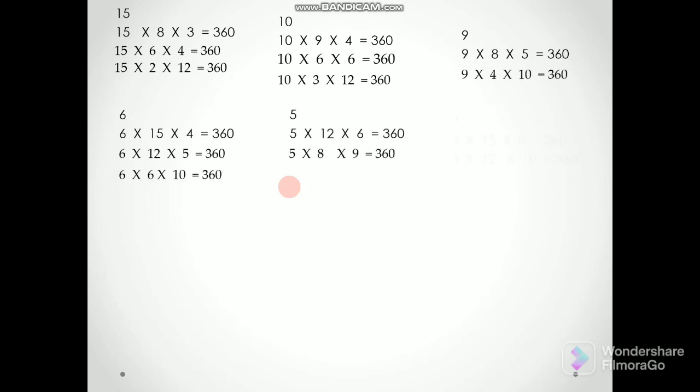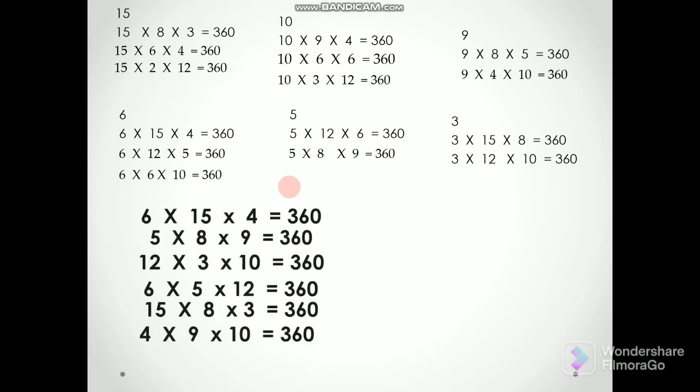But it is important that we also conclude that not all these numbers that we listed down are possible answers. And we conclude that 3 of them do not belong to our possible answers.